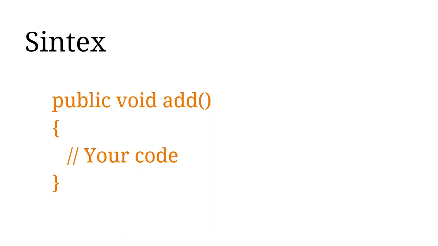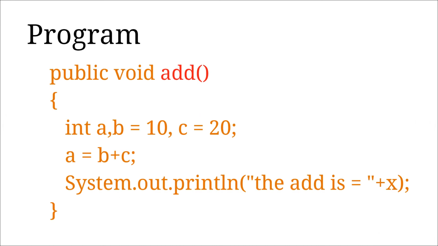After that, add is a function which is predefined. It works for addition, and you can write your own code here. As you can see, I have written a program for you. We will not run this program in this video, but in the next we will. Public void, after that add is a function. We have taken integers b and c, and provided the value 10 for b and 20 for c.